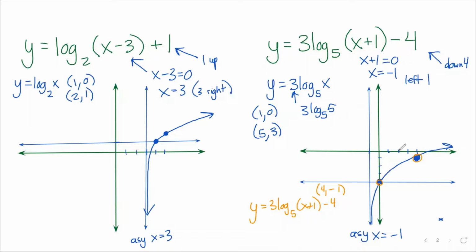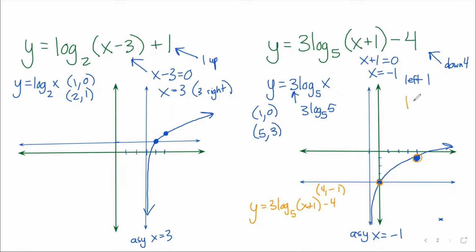What unifies those two ways of thinking about how we're graphing this is that we need to take log base whatever of 1, and we need to take log base whatever of that base.